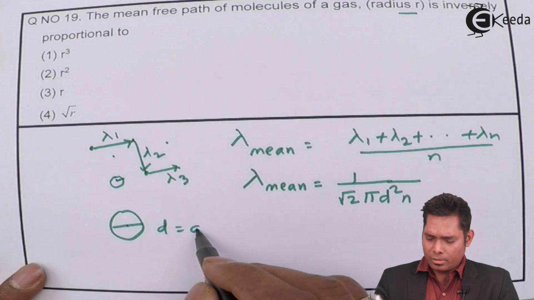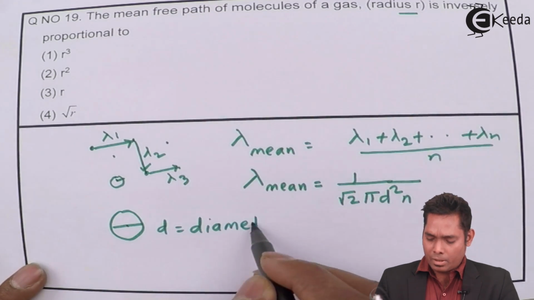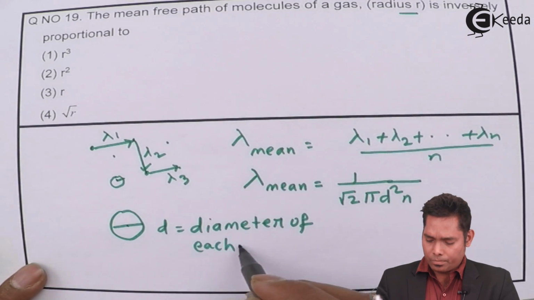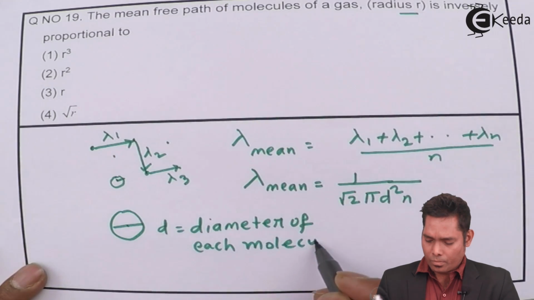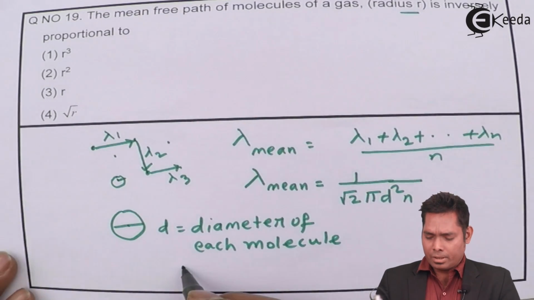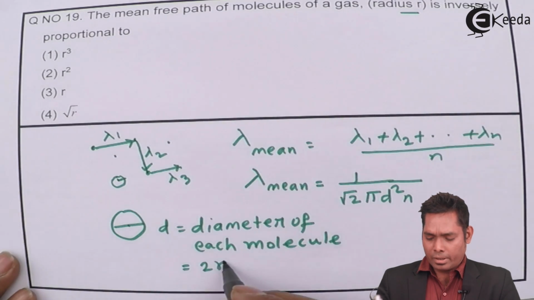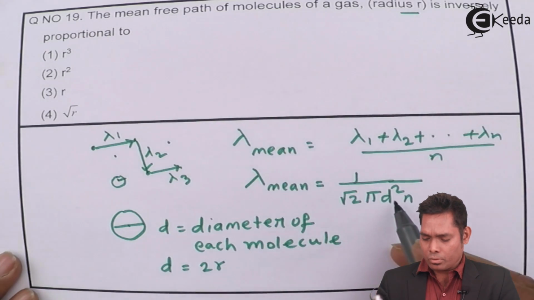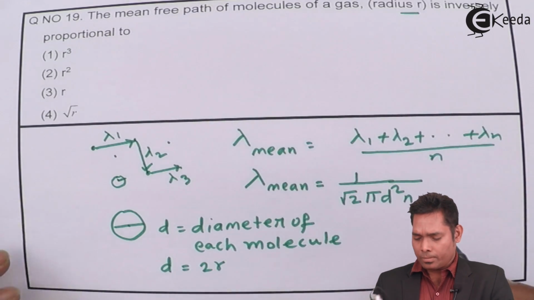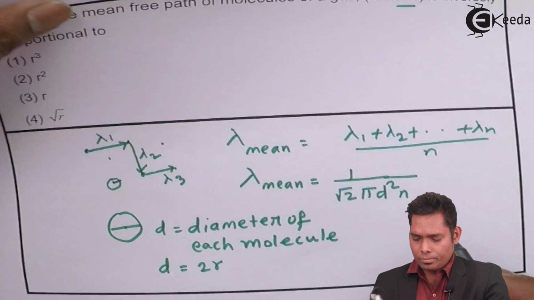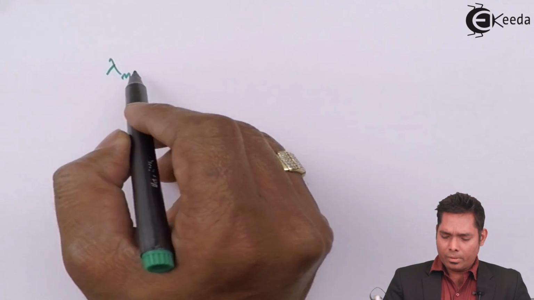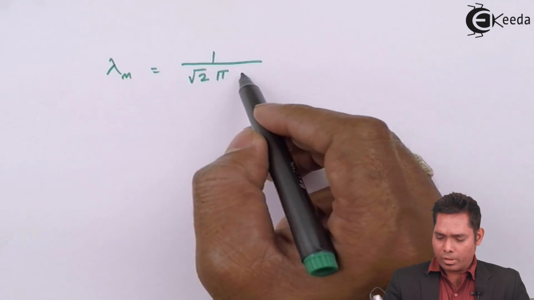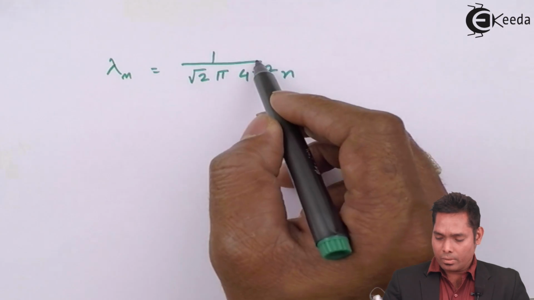D stands for the diameter of each molecule, and diameter is 2 times the radius. So d equals 2r. If I substitute here, then I will have the expression lambda mean equals 1 divided by root 2 pi into 4r square into n.